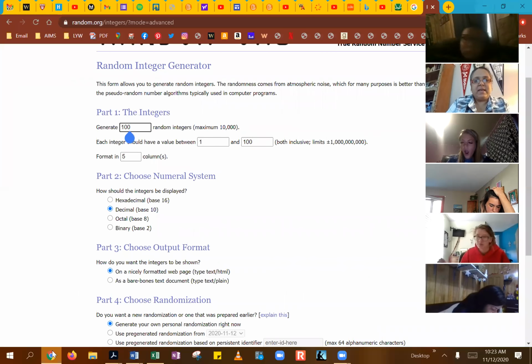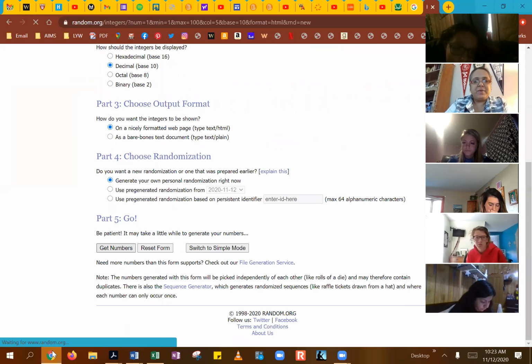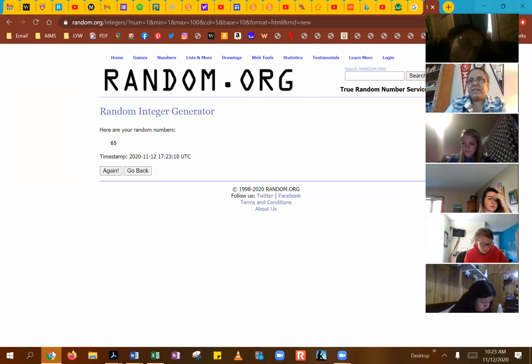Let's say we just want one random number from this group of 1 to 100. If we click on get numbers, it gives us 65. So the 65th person can be the first person we select.